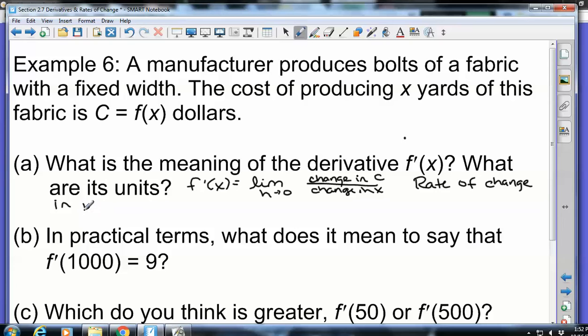In production cost with respect to the yards produced.